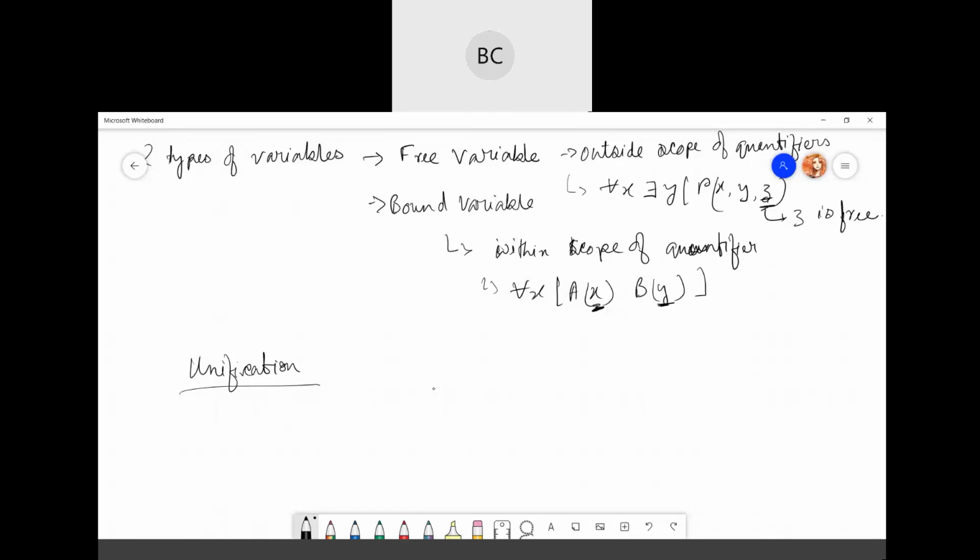From the name itself, you can think that unification is something like combining two things, right?